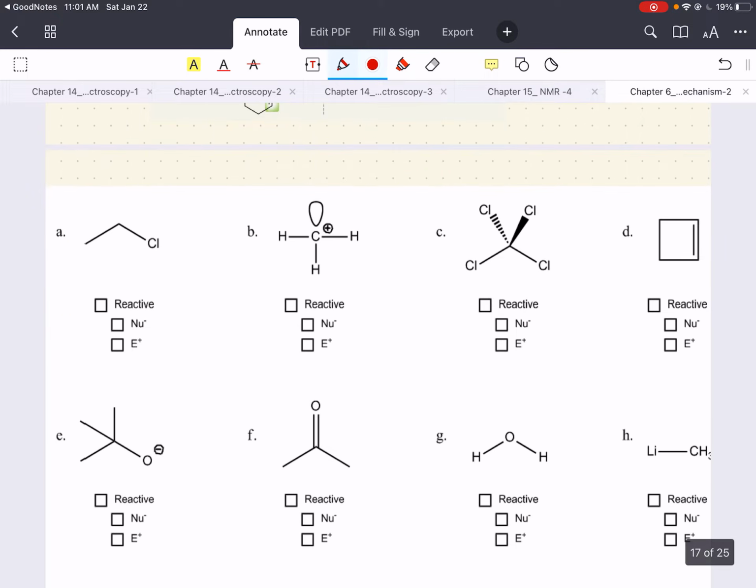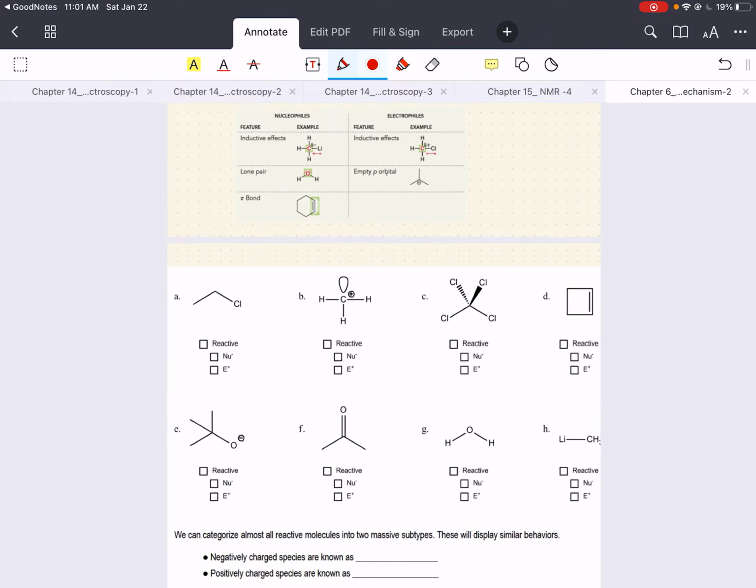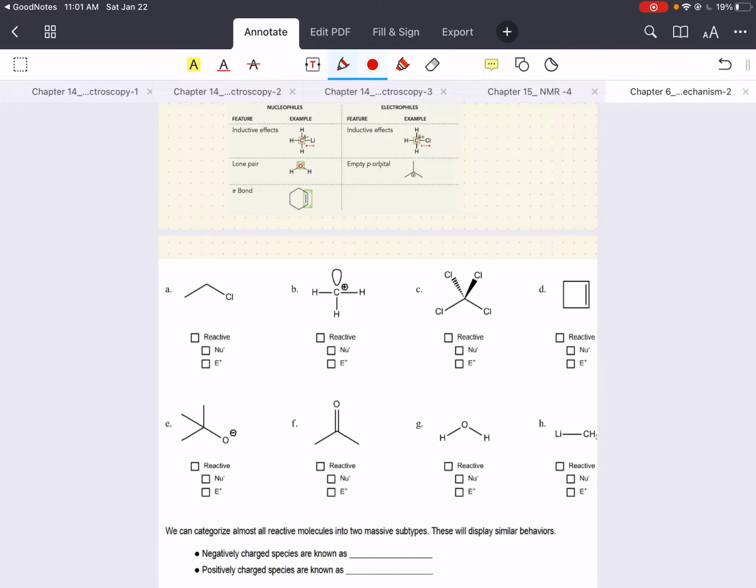So let's look at this example right here. Keeping the table in place, let's try to identify if these molecules are first reactive, and if they're going to act like nucleophiles, electrophiles, or maybe even both.